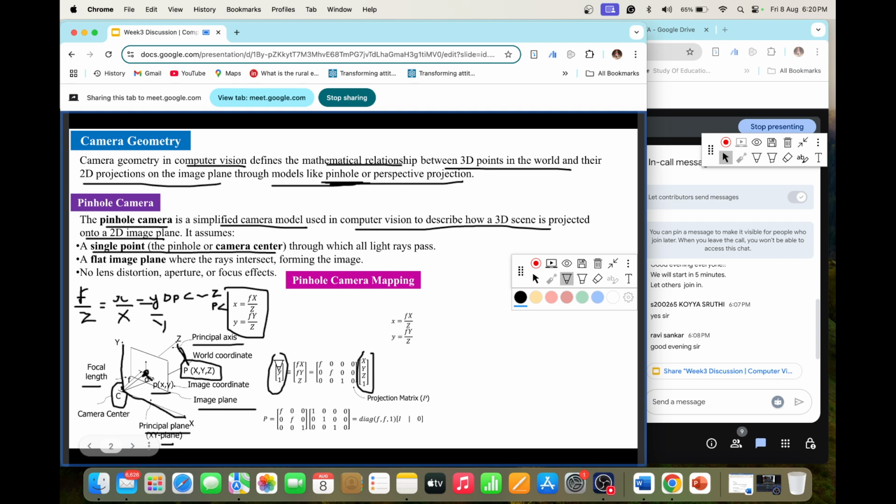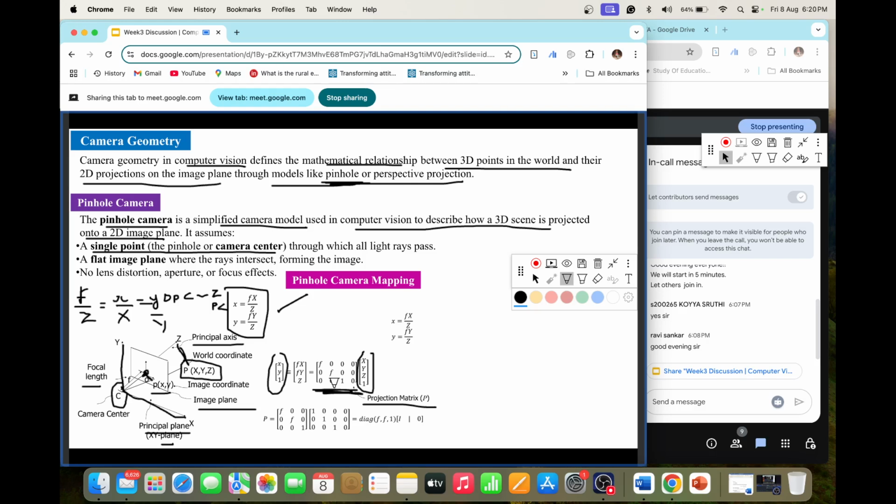We can do this by multiplying it with this matrix. Either do it directly with the formula, or in matrix multiplication, this point is multiplied by a projection matrix or projective camera matrix, that is known as P.